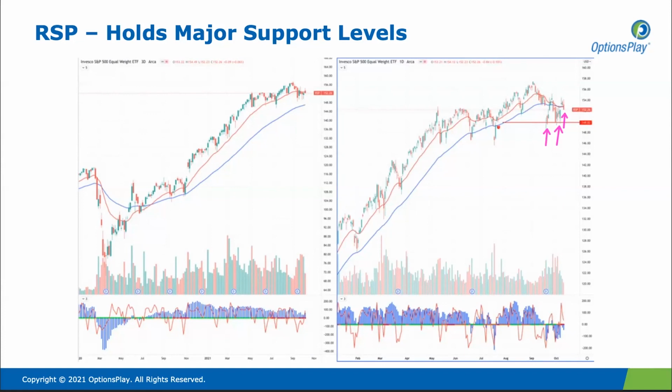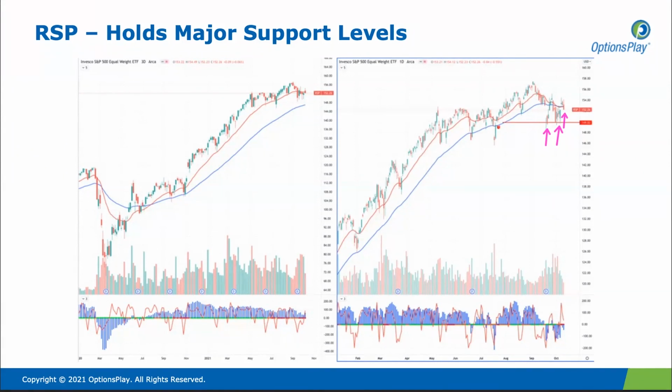So what this really tells us is that the performance declines that we've seen in the equity markets have largely been concentrated in those higher beta, mega cap tech names. Those are the names that are dragging the major indices lower, because the S&P and the NASDAQ are heavily weighted towards those mega cap names.